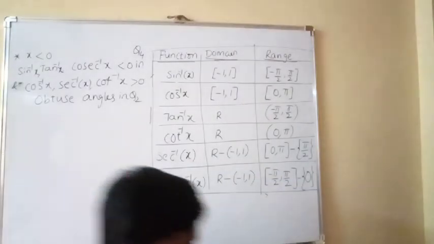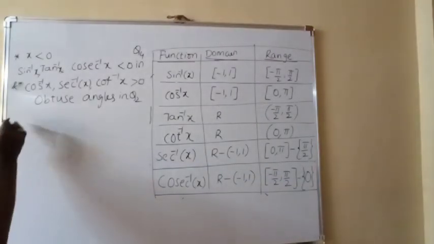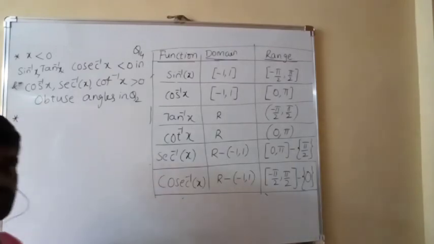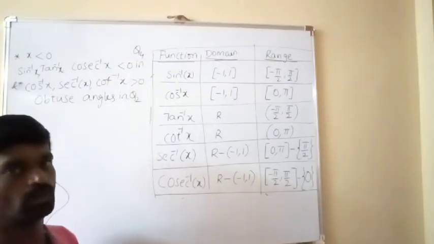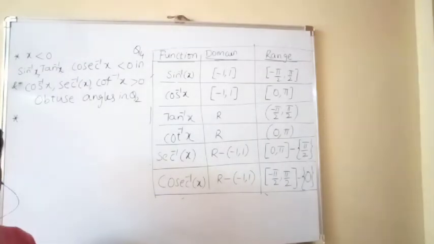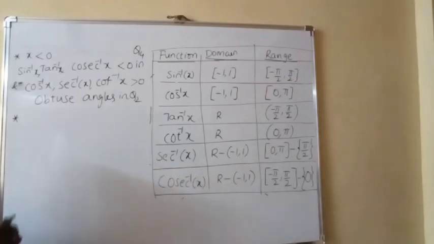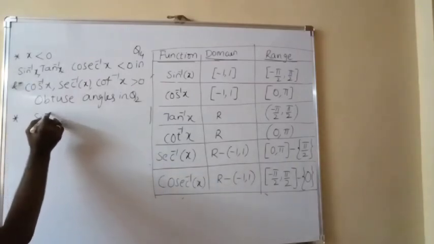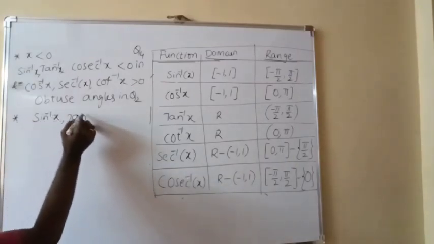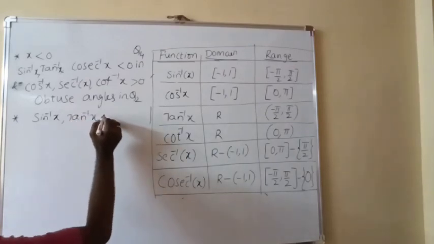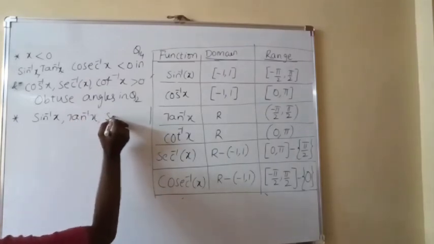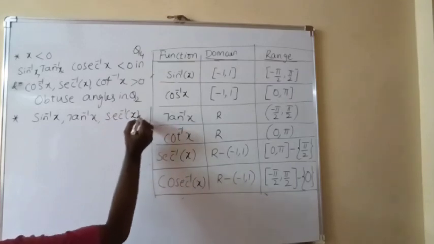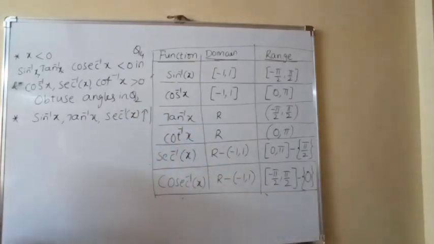Next, one more important point. Remember, all these 6 functions are continuous functions, that means they are continuous in their domains. Next, sine inverse x, tan inverse x, and secant inverse x, these 3 functions are strictly increasing functions.